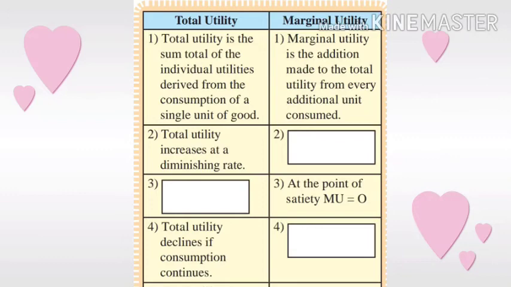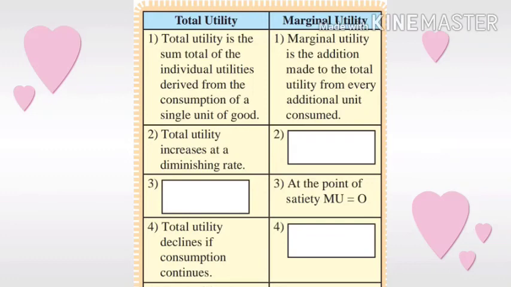What will be under total utility now? When marginal utility is 0, total utility is highest, it is maximum or constant. So we will write at the point of satiety, total utility is highest or maximum or constant.